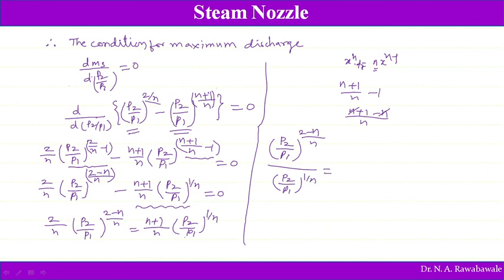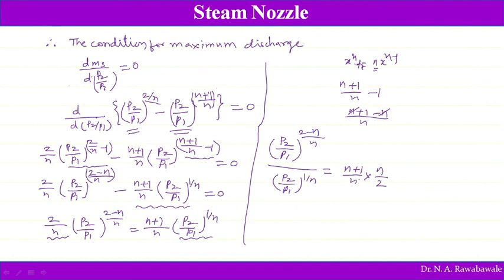So this p2 divided by p1 to the power of 1 over n is transferred on the left hand side, whereas n plus 1 divided by n into n divided by 2. So this term, 2 divided by n, is transferred on the right hand side, it becomes n by 2.